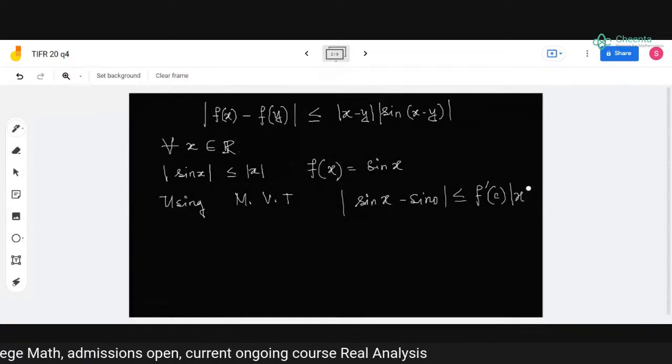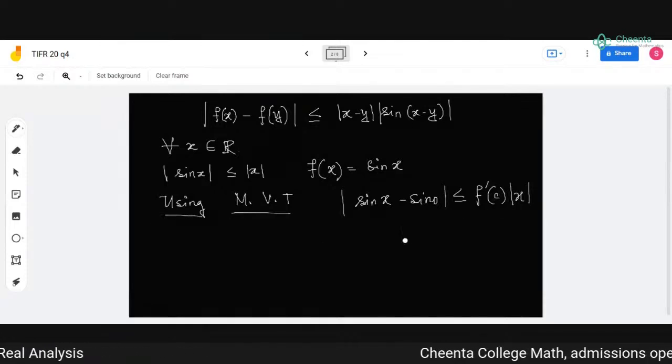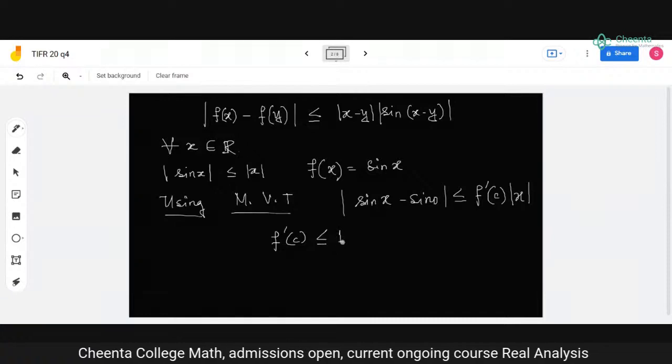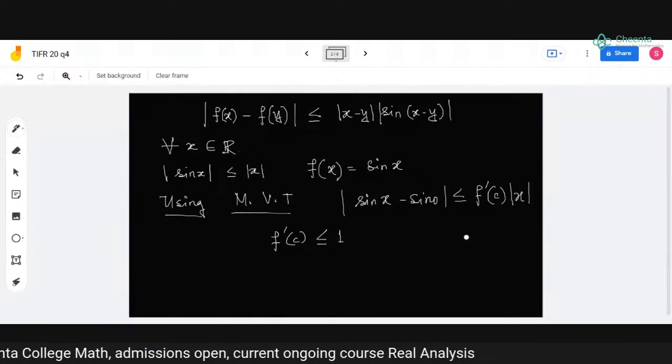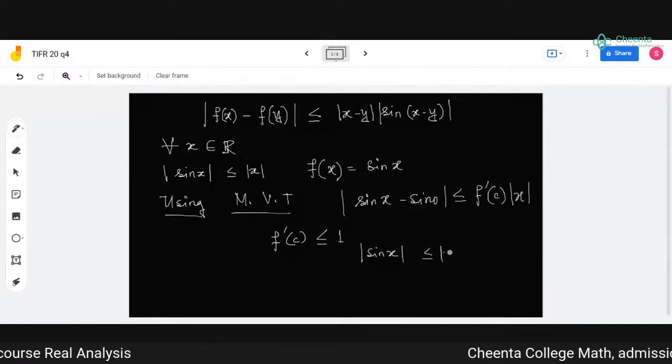So that is practically mod of x. So if you just write down the mean value theorem, you will get this. Now, since f prime of c is practically always less than or equal to 1, it is bounded above by 1. So you have mod of sine x to be less than or equal to mod of x.